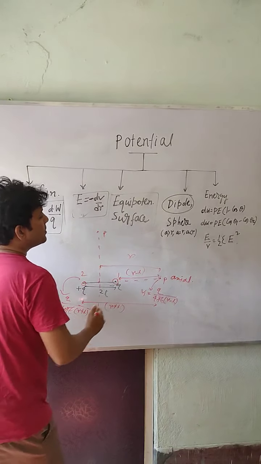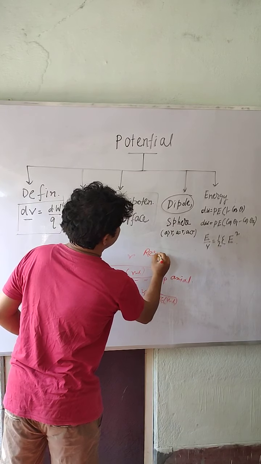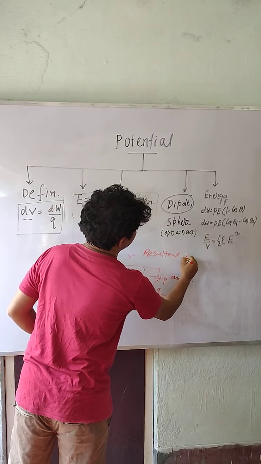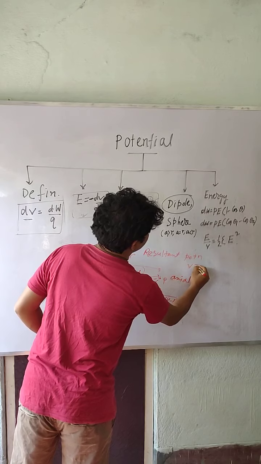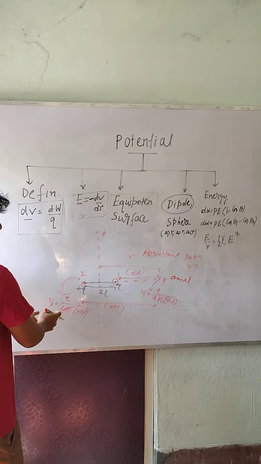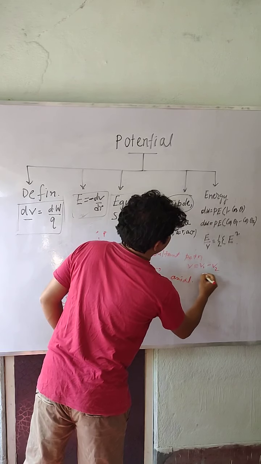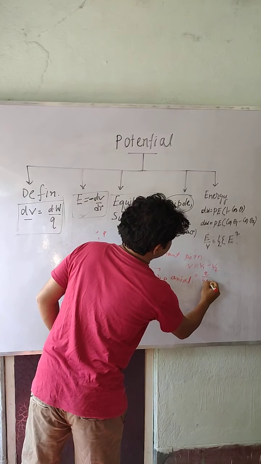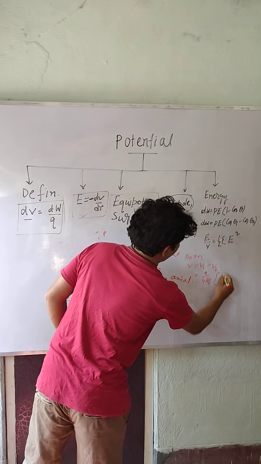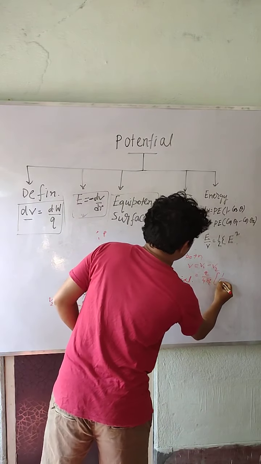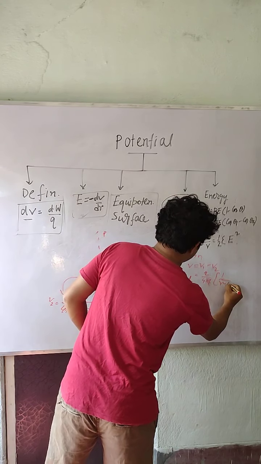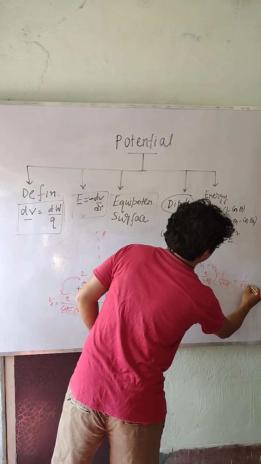So the resultant potential V is equal to V1 minus V2, where V1 is greater and V2 is less. Taking Q by 4 pi epsilon outside, we get 1 by (r minus l) minus 1 by (r plus l).